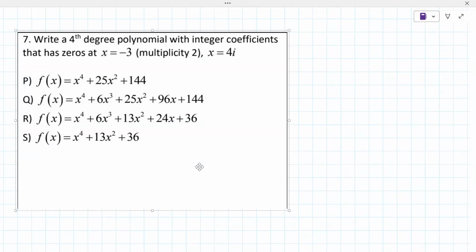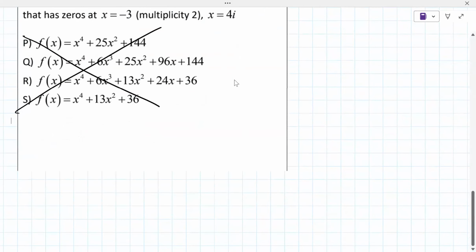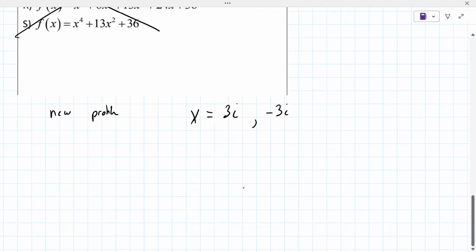Okay. The key thing here is this 4i business. So let's just say I tell you in a new problem that x equals 3i is a root. You're supposed to also know that minus 3i is a root, and then you have to be very fast at multiplying these together.